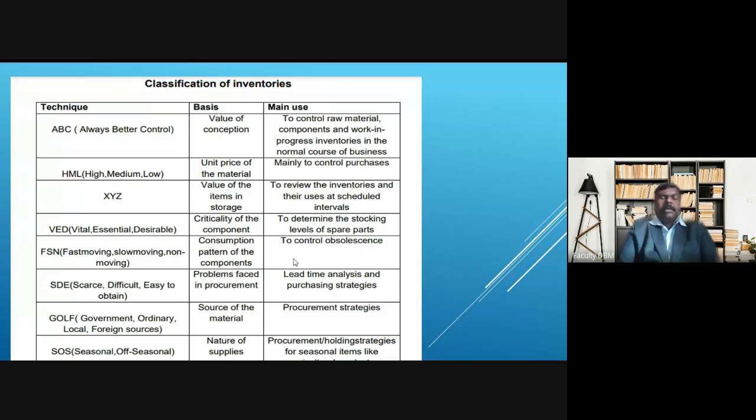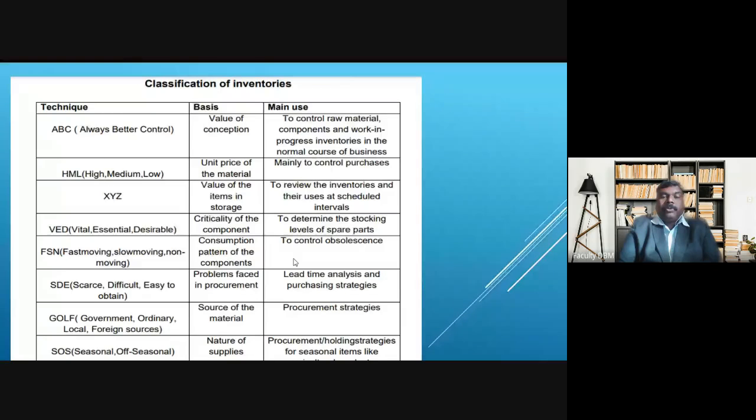You need to memorize this chart: in purchases we use HML, while in storage we use XYZ. Then we have VED, vital, essential, desirable, based on the criticality of the component, to determine the stocking level of spare parts. For spare parts, you look at the vital, essential, desirable classification.